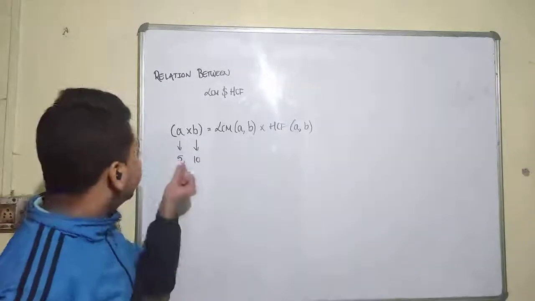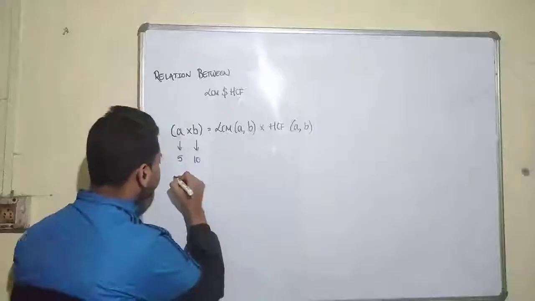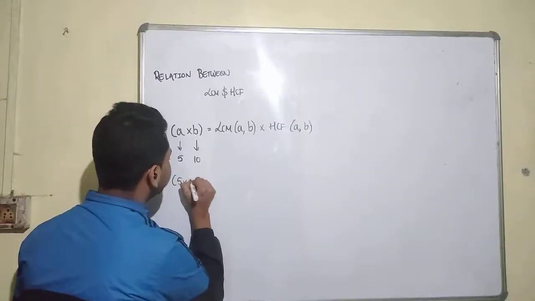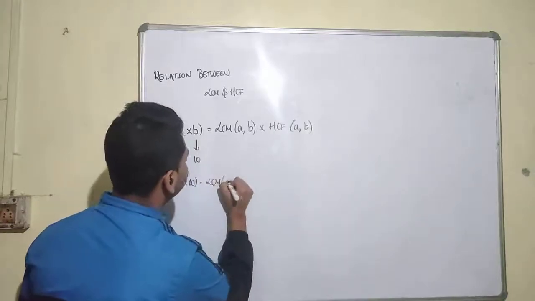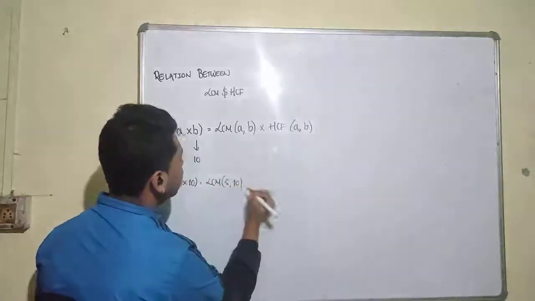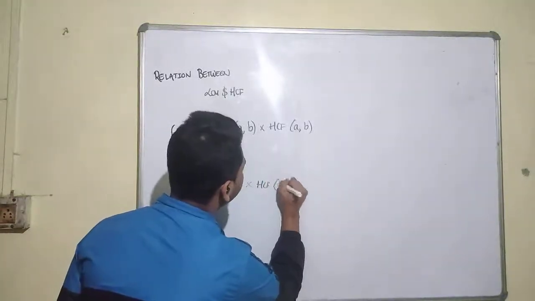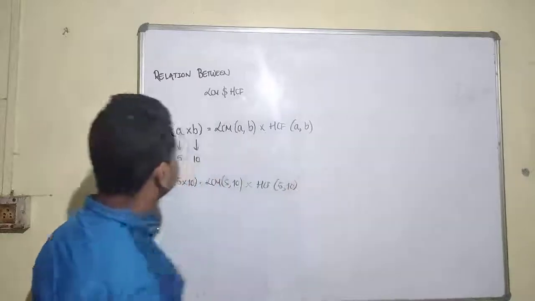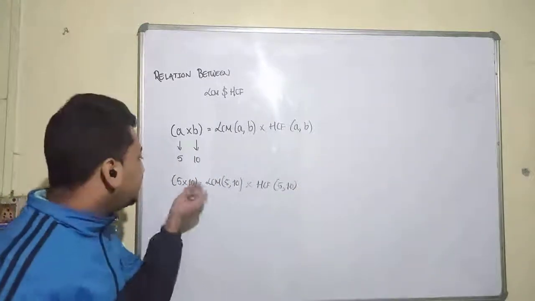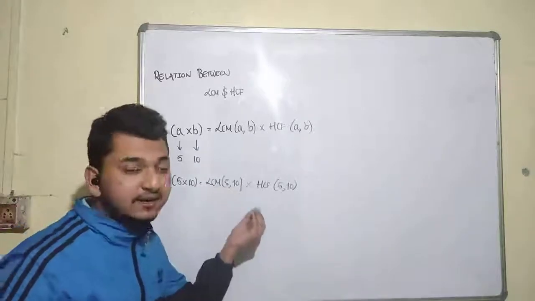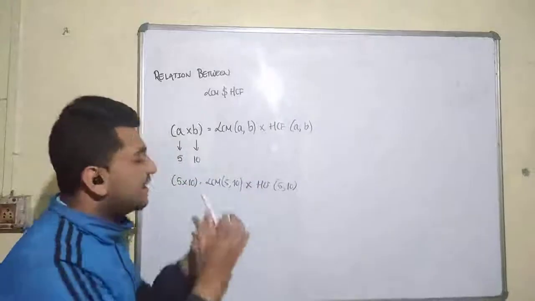So now 5 into 10 will be equal to LCM of 5 and 10 into HCF of 5 and 10.